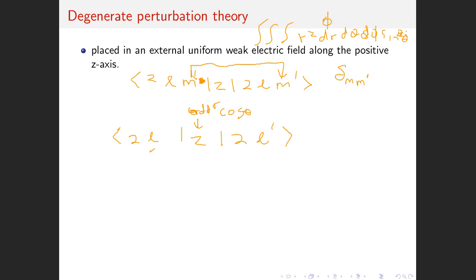These two have to have different parities, so that whatever you multiply, you end up with something that is odd, and then when you multiply it with that one, you end up with something even. So the only non-vanishing integral will be the one with 2, 1, say, I'll ignore the m, but the m's have to be the same, it's just that I'm ignoring them. Then you get Z 2, 0. So this is the only matrix element that will not vanish.